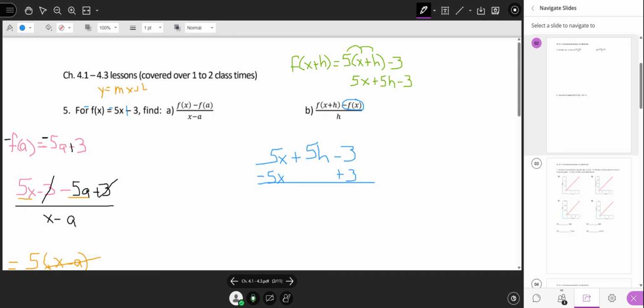The nice part about this numerator is when you're done, all of what you have left has an h in it. So the very last part of this is to divide by h.